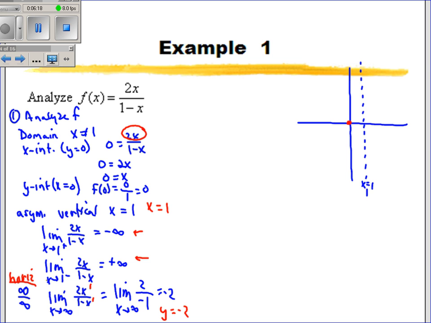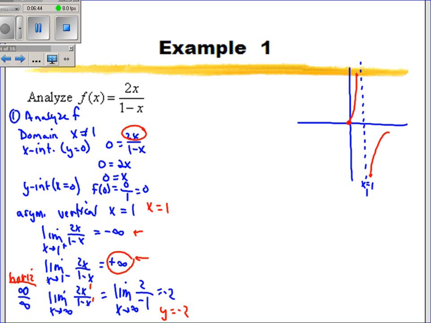From the left, we had that the limit of this function was going to be positive infinity. So I know from the left of 1, approaching 1, this function has to be approaching positive infinity. Approaching 1 from the right side, it's approaching negative infinity. So I know it has to be going downward like this.